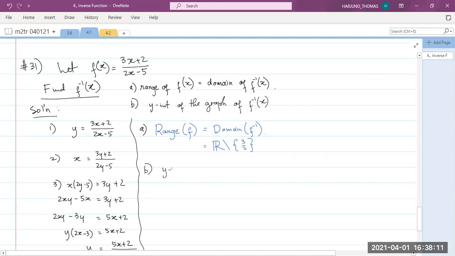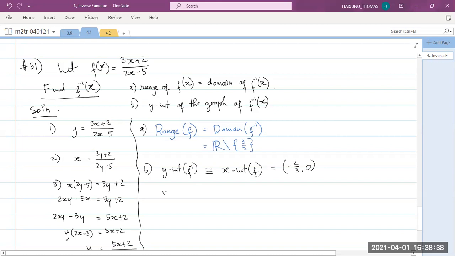The y-intercept of the inverse function is equivalent to the x-intercept of the function. Now the x-intercept of the function is (-2/3, 0).